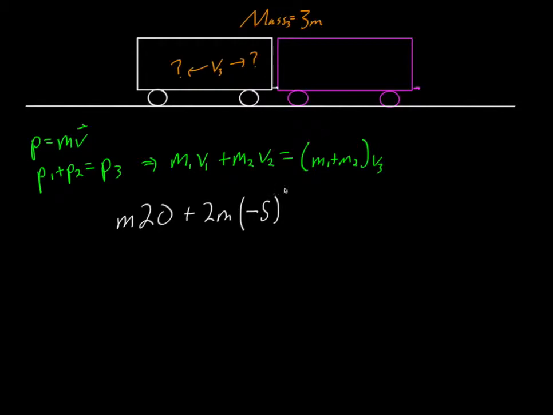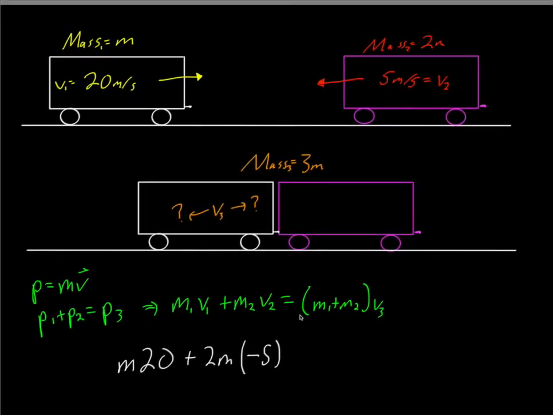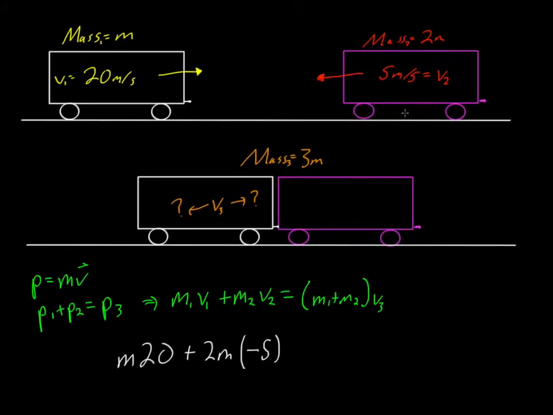I do this because it is in the opposite direction of the first car. I've defined, just arbitrarily, that the direction right that the first car is traveling in is the positive direction. Therefore, car 2 that is traveling to the left is traveling in the negative direction at 5 meters per second.